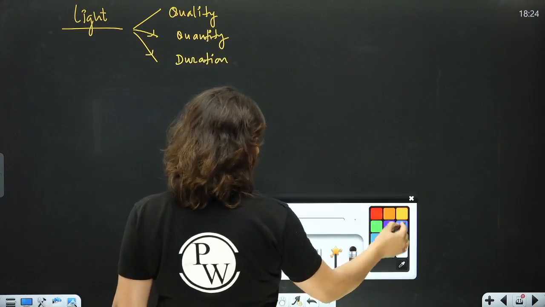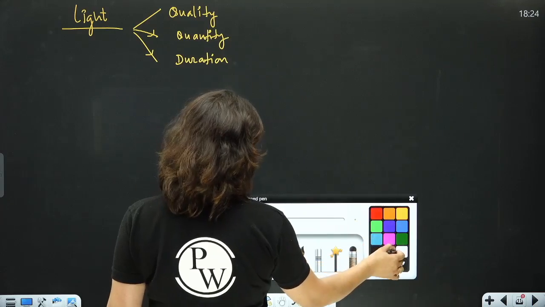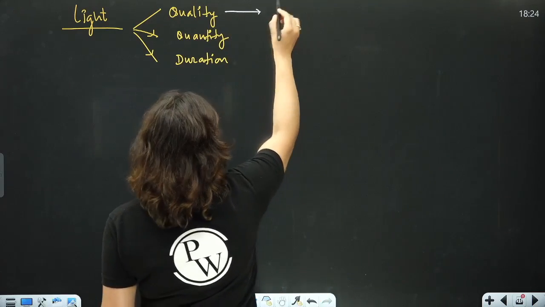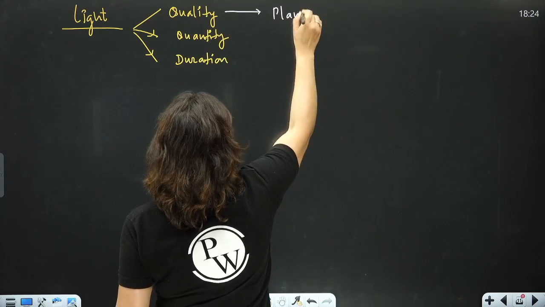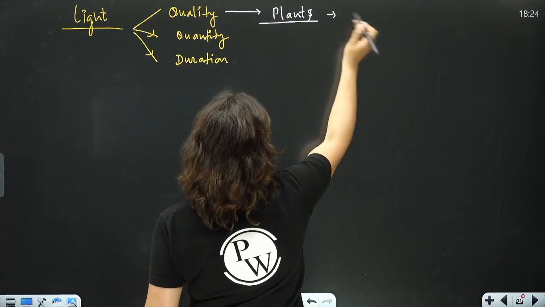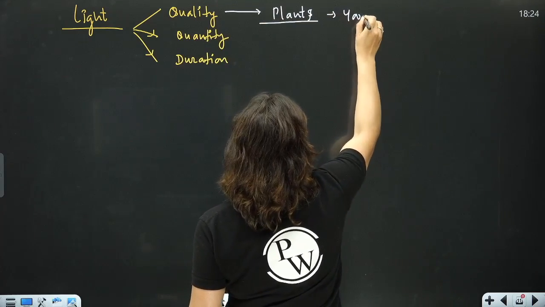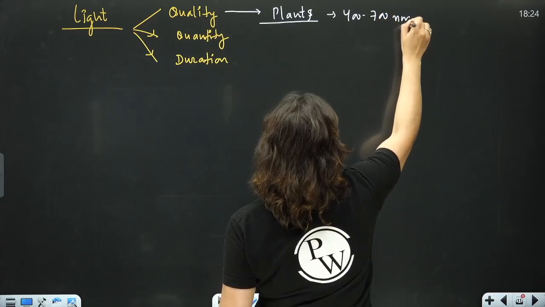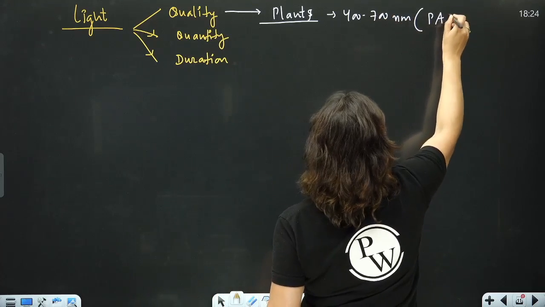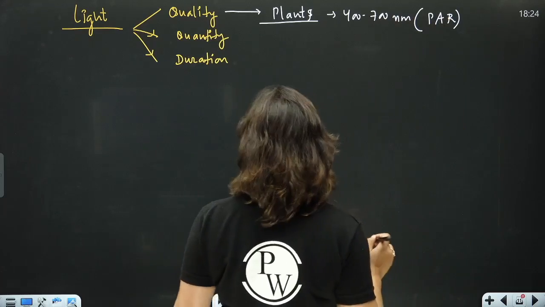So quality of light, in case of plants, they can use only the light from 400 to 700 nanometer, right? And that is called PAR, photosynthetic active radiation.